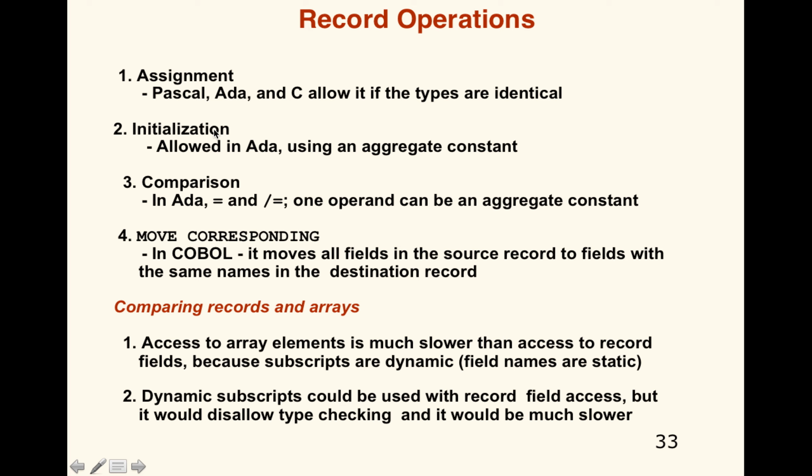For the initialization component, you can't really initialize a struct when you create an instance of the struct like you can a class object in C++. C never had really those features. It was allowed in Ada using aggregate constants, but it wasn't really allowed in C. You could create the variable and then you add something to it.